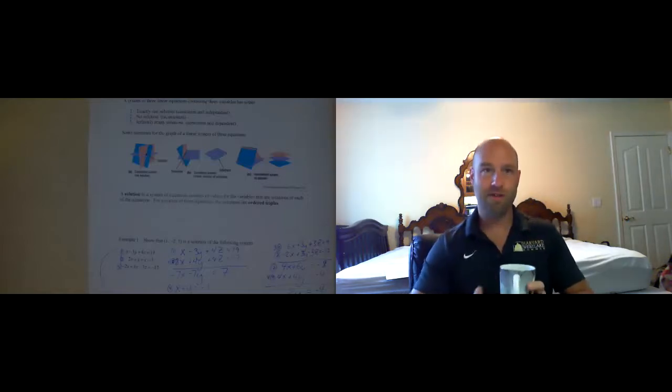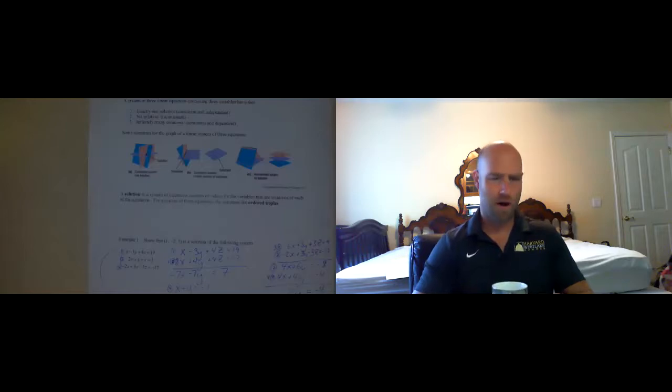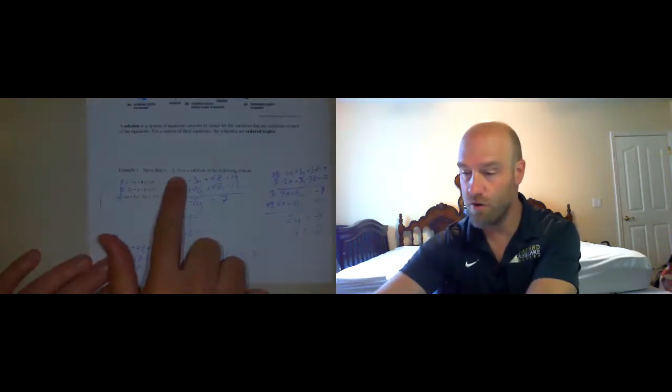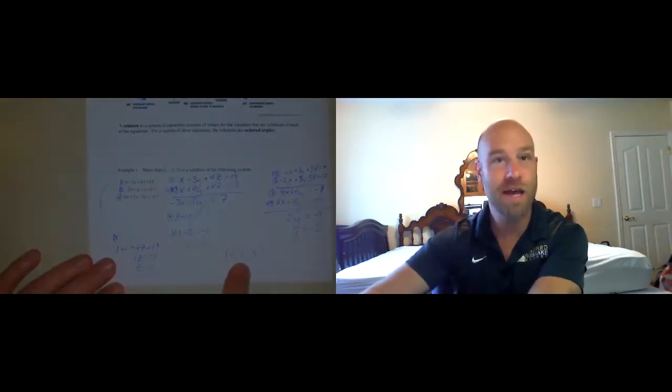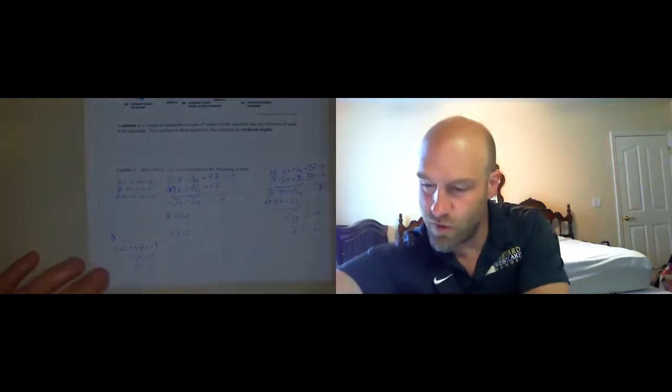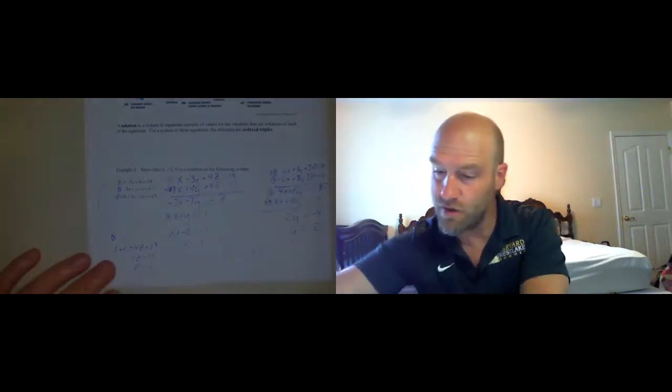Example 1 is one of those examples of a place where I didn't really read the instructions. I didn't do a great job on this one. I did a great job proving that 1, -2, 3 is the solution, but that's not what they asked. All they asked was to show that it is a solution.